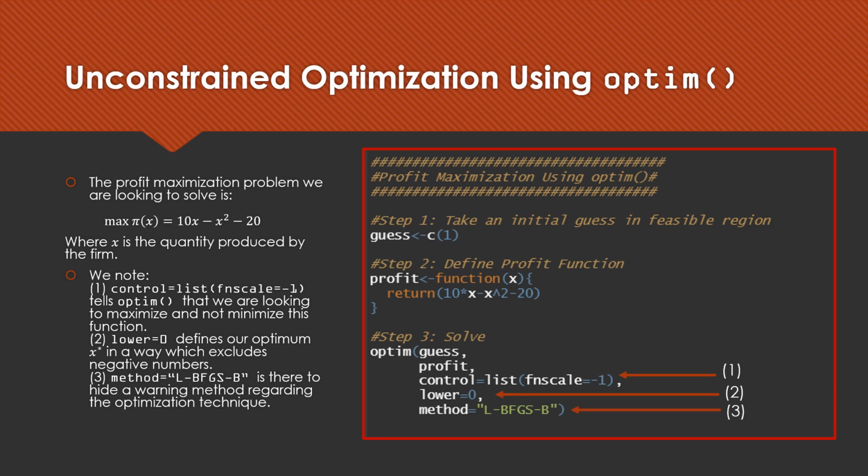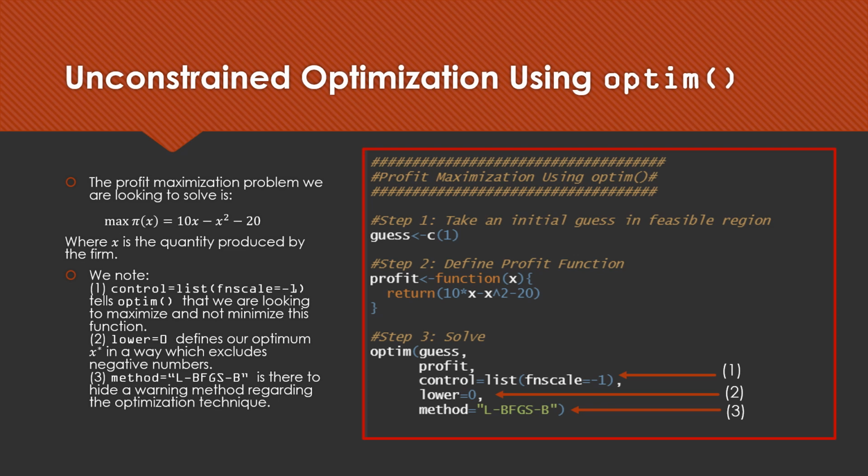In that case, we're going to be putting in our initial guess in our feasible region, followed by our profit function. And then there are three other arguments that we have here. The first one is control equals list(fnscale = -1). This tells optim that we're going to try to maximize this problem and not minimize it. The next one is lower equal to 0.